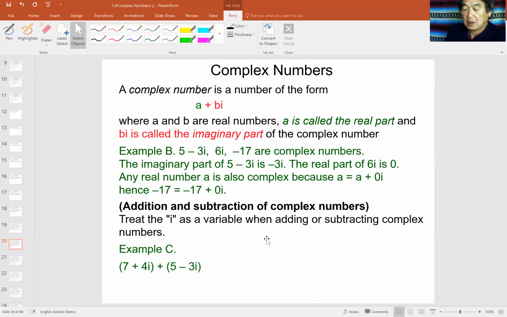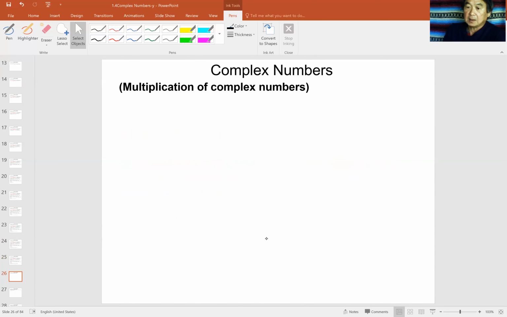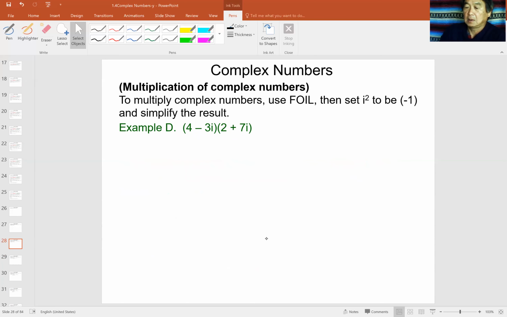And we can add and subtract them. When we do that, we treat the i like it's an x. So i plus i is 2i, and 4i minus 3i is a single i. So we just collect the i's. And subtraction, same thing. You can also multiply them, and FOIL and multiply out like with the i.